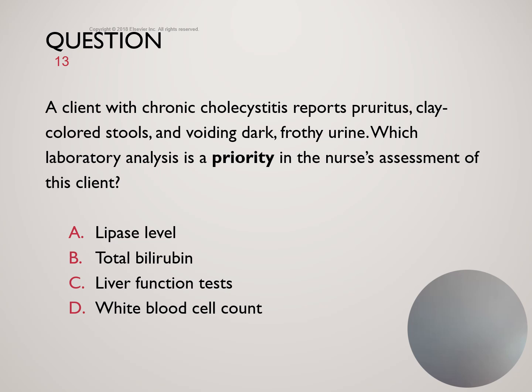Cholecystitis is associated with several risks, including hepatic disease, pancreatitis, and peritonitis. Monitoring the liver function, the pancreatic lab values, and white blood cell counts are important, but they're not going to be the priority at this point.